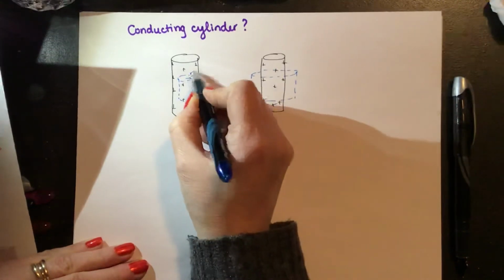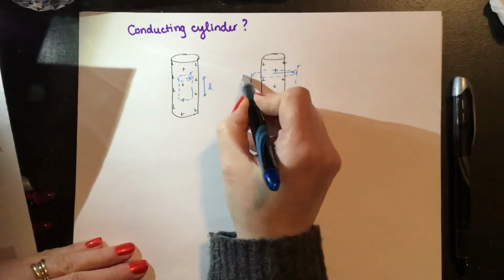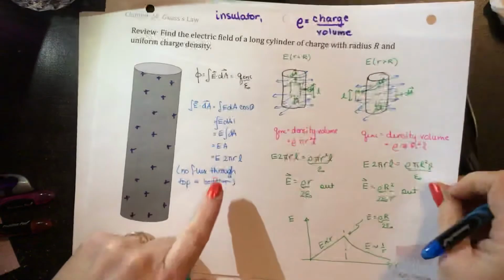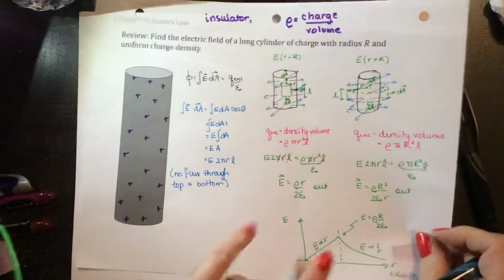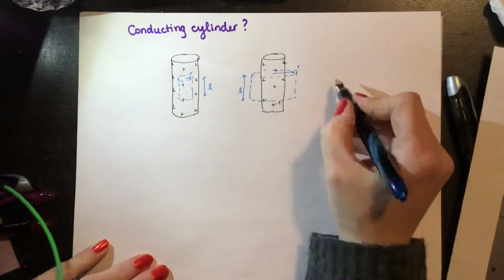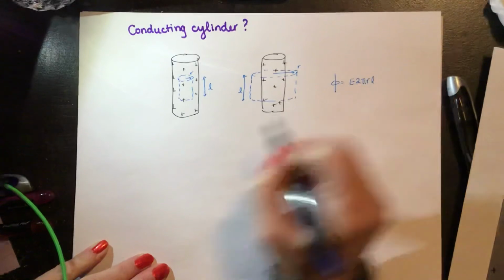The radius in each case will be indicated with a lowercase r. Length in each case will be a lowercase l. We can use our exact same result that we did before for finding the flux. So my net electric flux is equal to E times 2 pi r L.